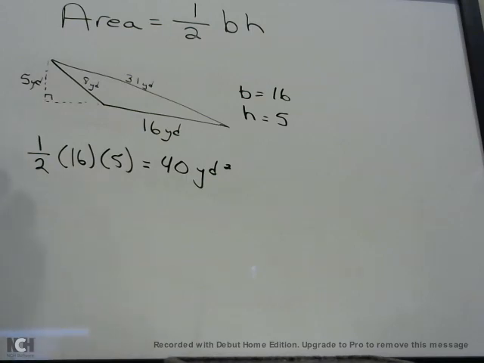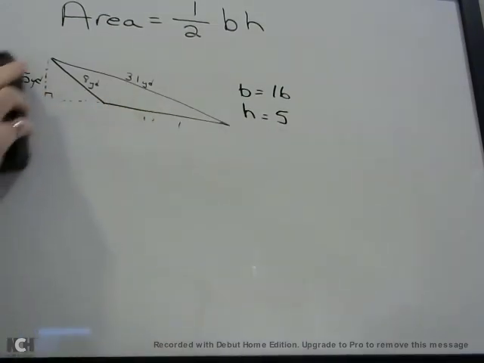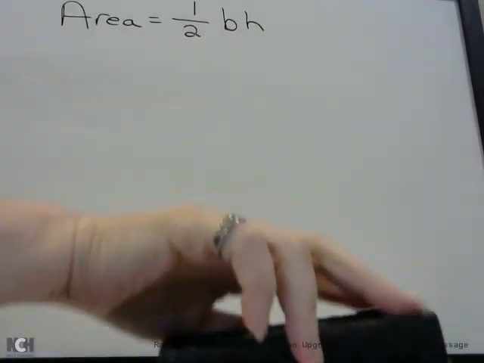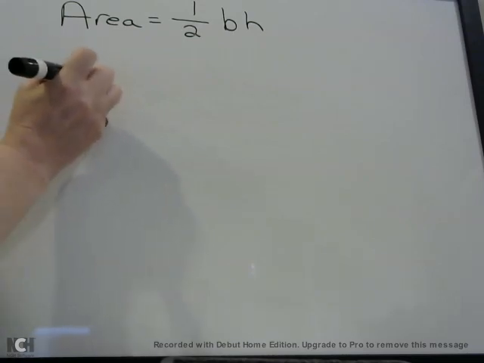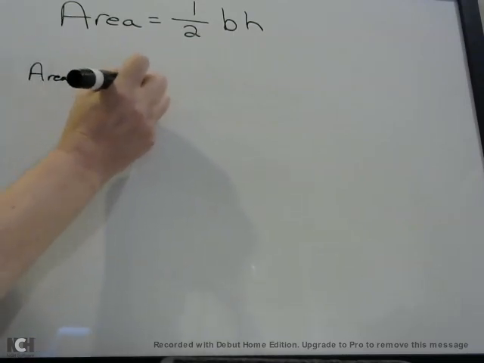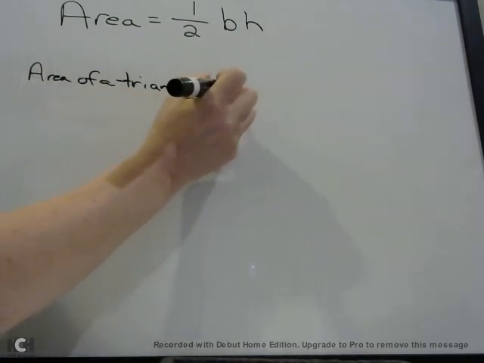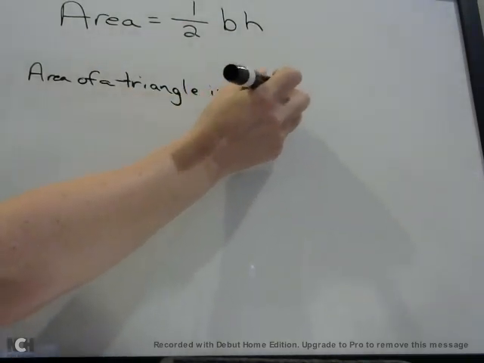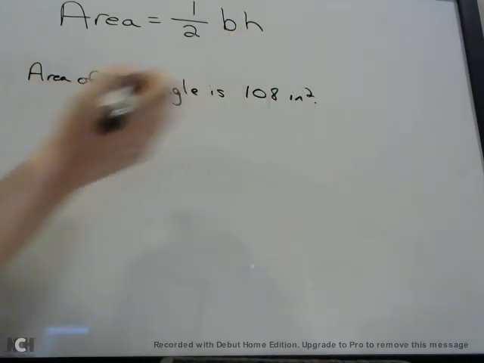Now, they may not give you a question quite as straightforward where they draw a triangle and then label everything for you. They may give you a word problem, and you might need to do a little bit of algebra. So let's say they tell you that the area of a triangle is 108 inches squared.